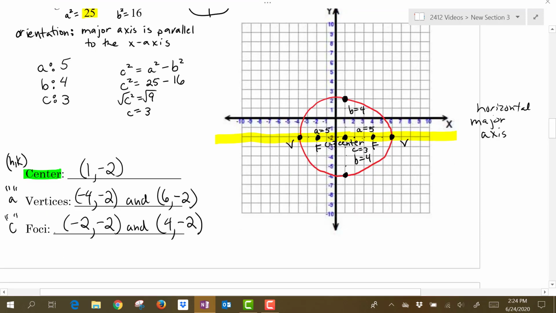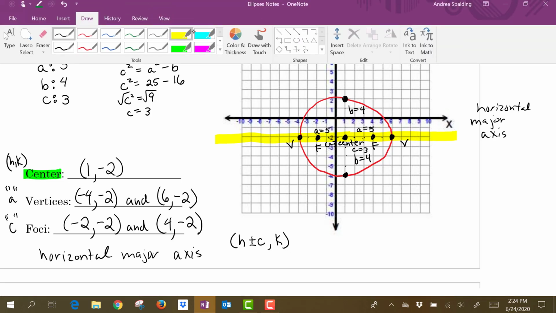Alright, remember we talked about a little formula for finding the foci, so let's talk about that formula. If there is a horizontal major axis, then the foci will always be h plus or minus c, comma, k, where h and k are talking about the x and the y value of the center. So in this case, when we go to look for the foci, you'll notice that the y value of all of the points was exactly the same, right?